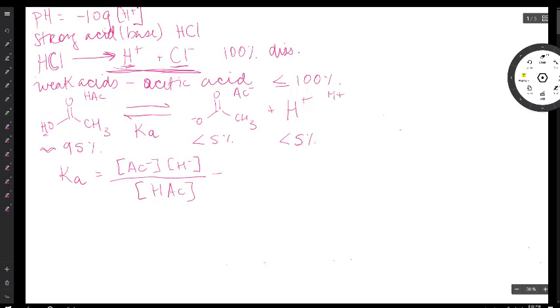Now, the Ka, at least for common acids and many chemicals with a dissociable proton, has been experimentally determined and is considered a constant, so it's something that is inherent to a chemical structure. And for acetic acid, we know that this value happens to be 1.8 times 10 to the negative 5.